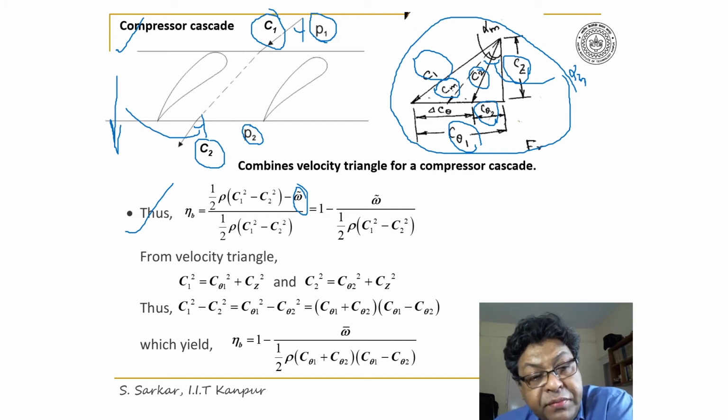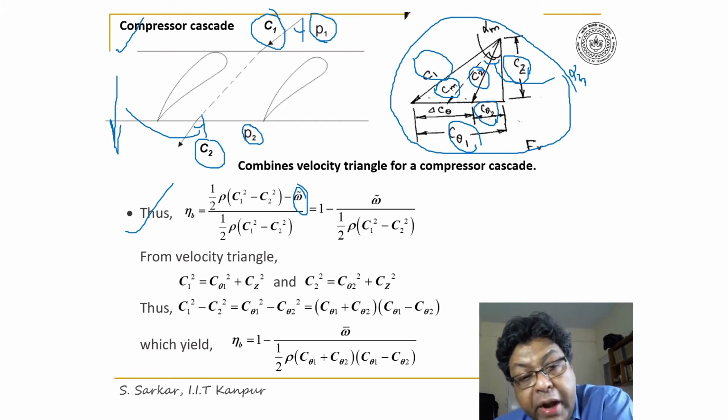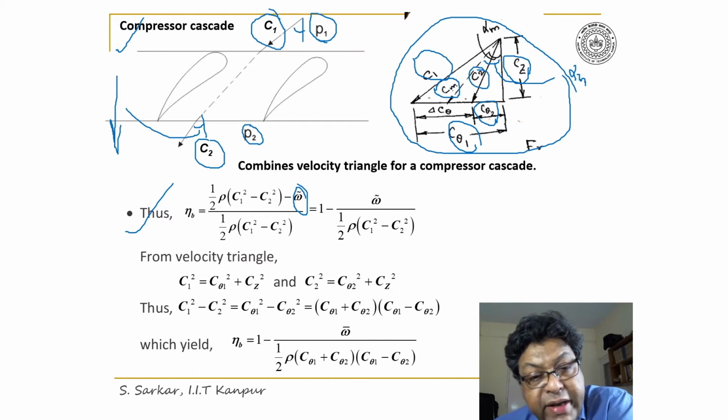So I have stated here eta b equal to half rho within bracket C1 square minus C2 square minus omega tilde, divided by half rho within the bracket C1 square minus C2 square. Thus it can be written as 1 minus omega tilde divided by half rho within bracket C1 square minus C2 square.